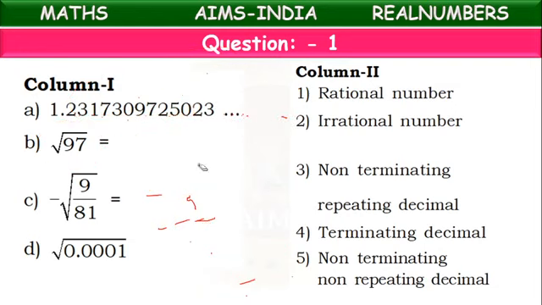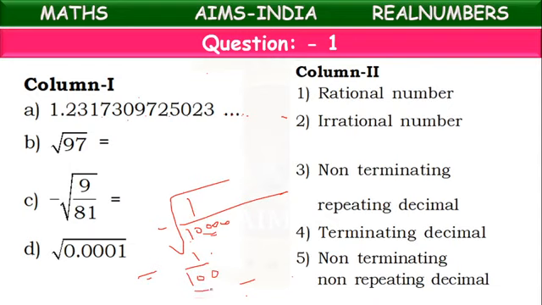So what about the fourth one, option D? 0.0001. After the point we have 4 places, so I can write it as 1 by 10,000. Root of 1 by 10,000: the root of 1 is 1, and for the root of 10,000, for 4 zeros, in the square root value we can keep 2 zeros.